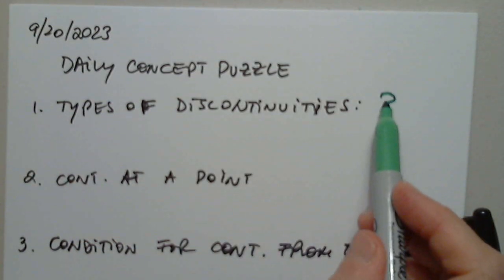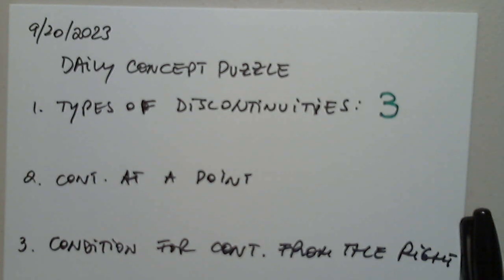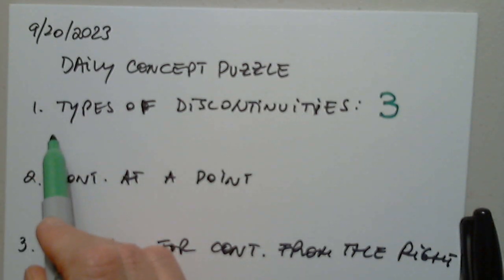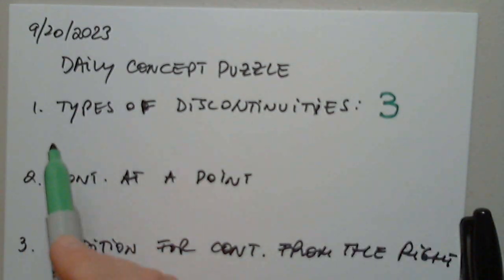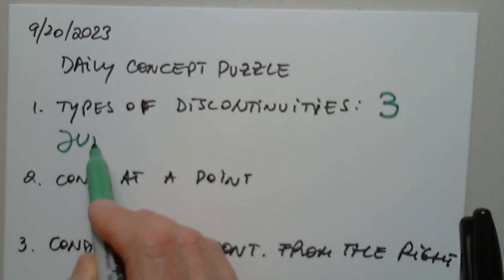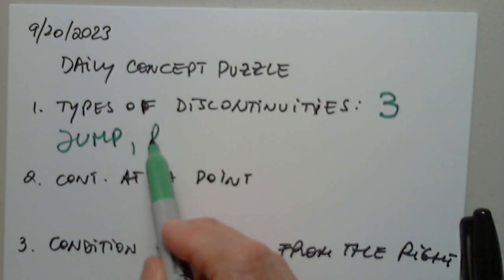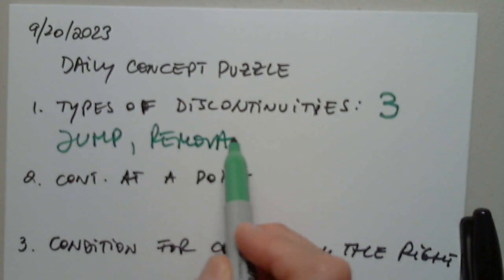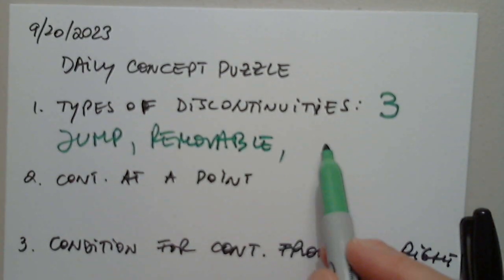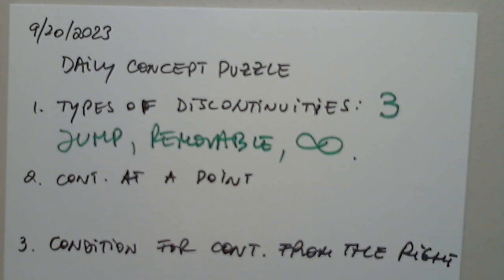So there are three different discontinuities, and they are jump, removable, and infinite discontinuity. Excellent. Continuity at a point: the definition of continuity at a point, please.